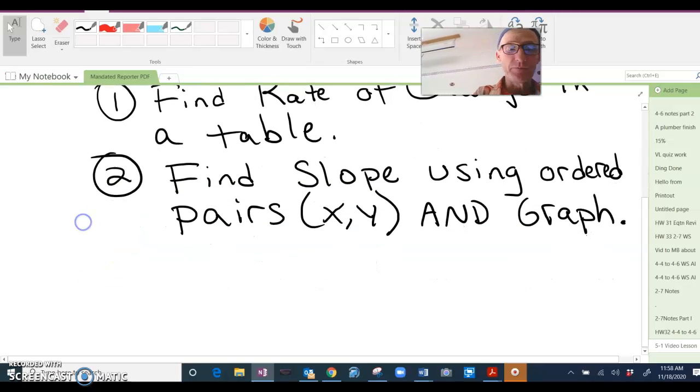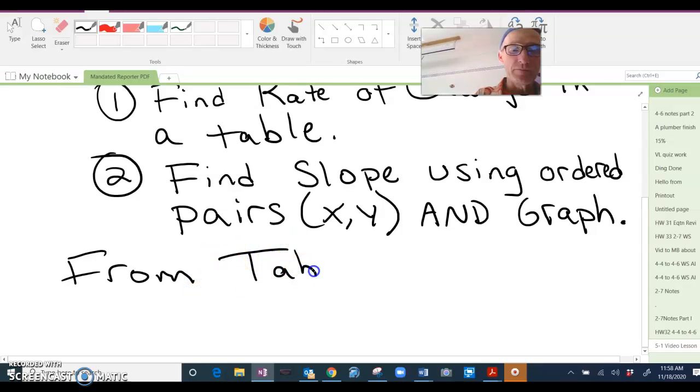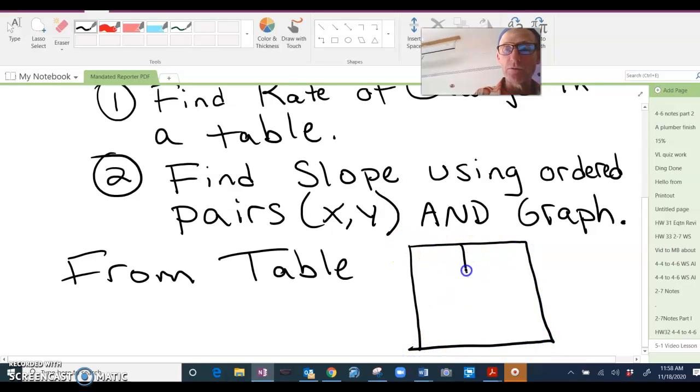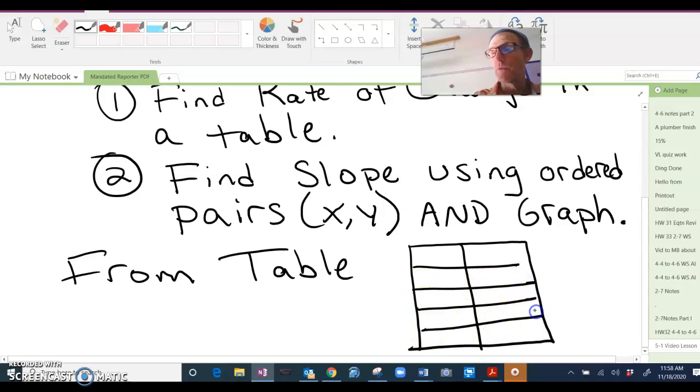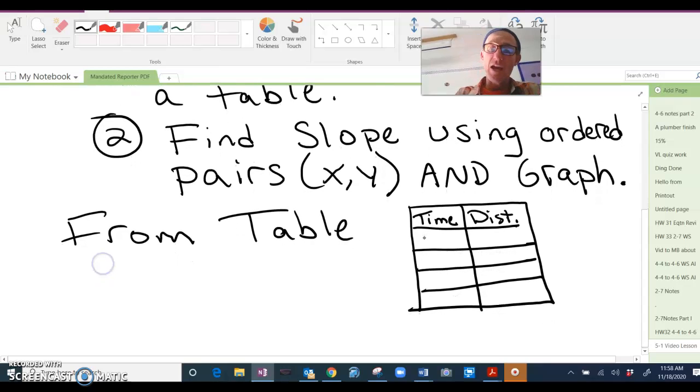So from a table, and this table that I'm drawing here has two values in it. It has time and it has distance. 1 minute, 2 minute, 3 minute, and 4 minute.